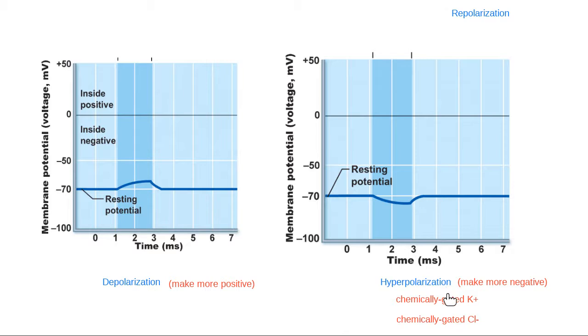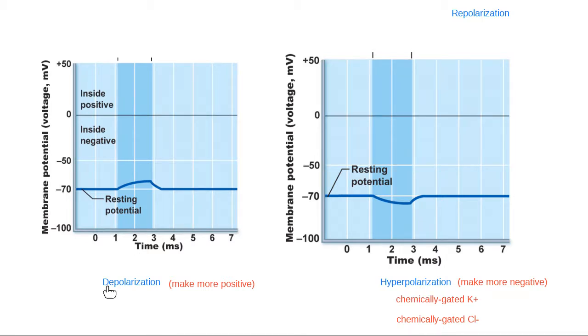If I release a neurotransmitter that attaches to a chloride channel, that's also going to make the membrane charge go down. Both of those types of neurotransmitters are causing hyperpolarization. They're making the membrane charge get more negative, hyperpolarization.